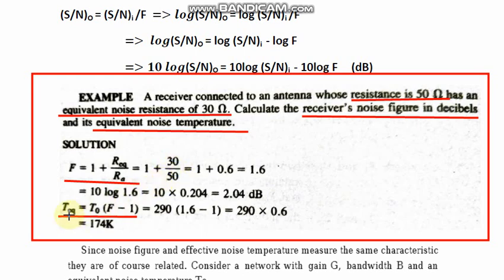The second thing to find is the equivalent noise temperature, which has the formula T0 multiplied by noise figure minus 1, where T0 is the normal temperature, always taken as 290 Kelvin. Since the noise figure has been calculated, this value can be put here and the equivalent noise temperature can be calculated.